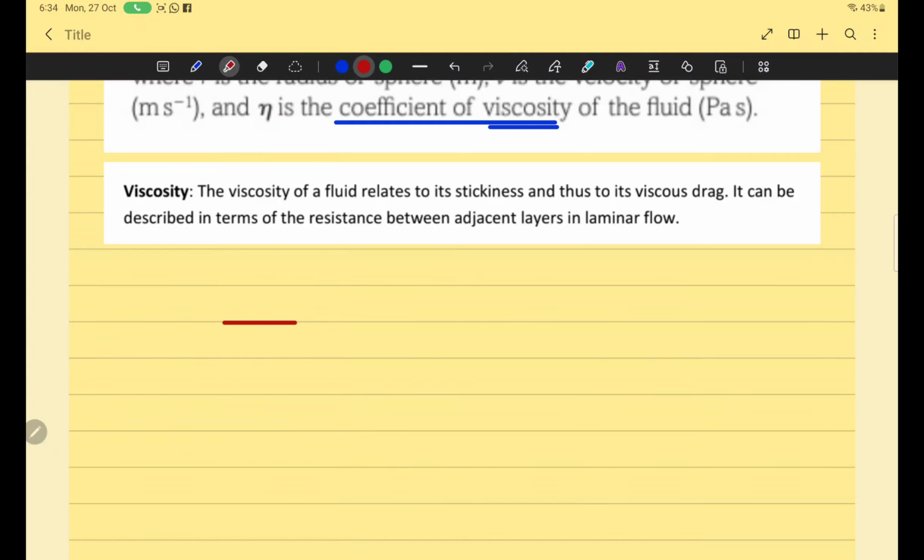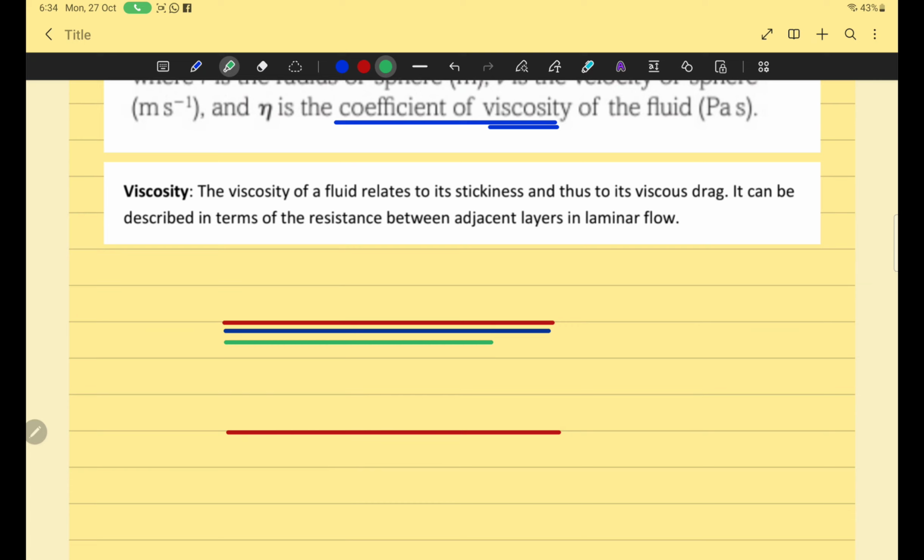Sir, when a liquid is flowing through a pipe, this red line is a pipe, okay? And these are layers of fluid, and I'm changing color.